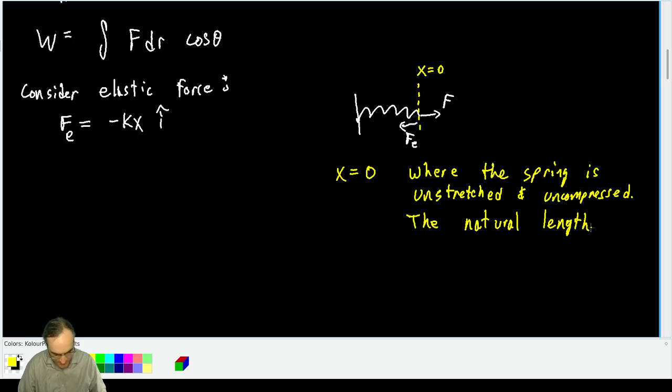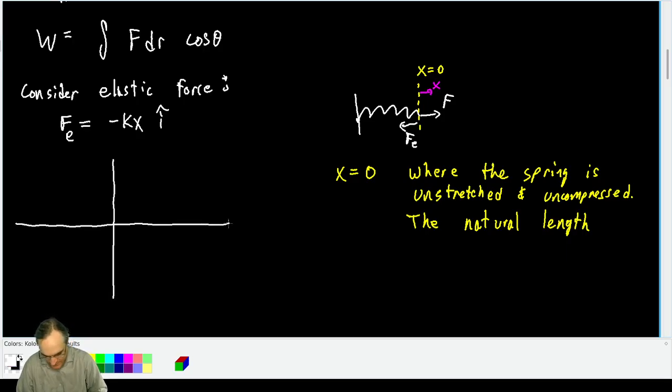As we proceed to stretch this in the positive x direction, we'll get a force back in the negative x direction. If we compress it in the negative x direction, we get a force due to the spring in the positive x direction.